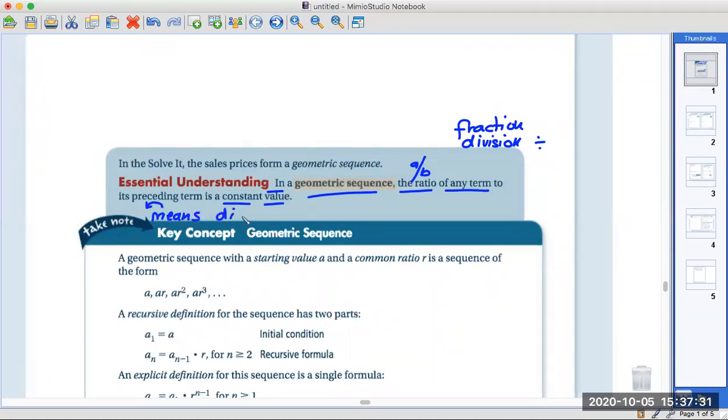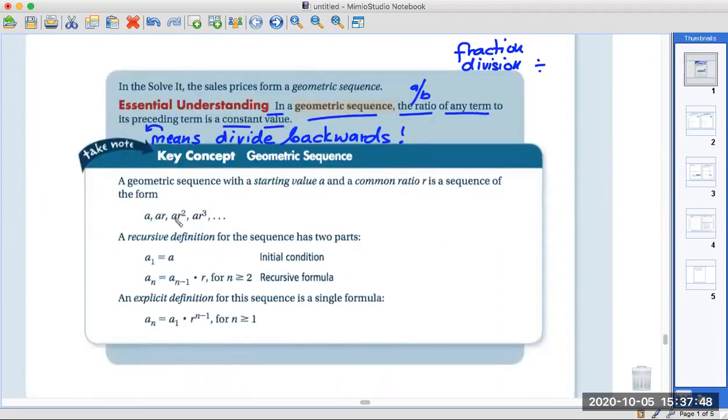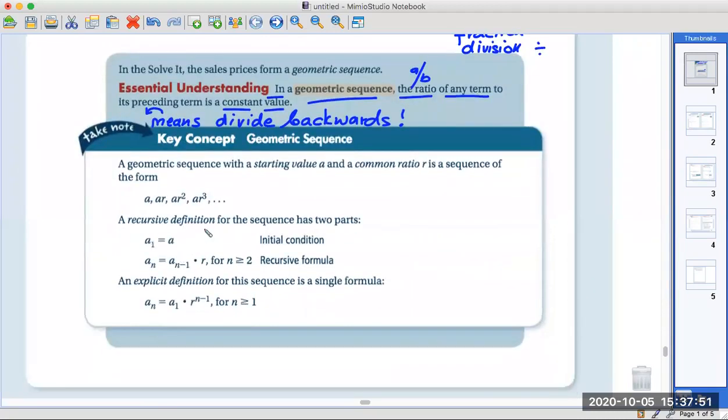And the third number, you divide by the second number. You always go backwards. I'm just going to write divide backwards and I'll show you. Preceding.